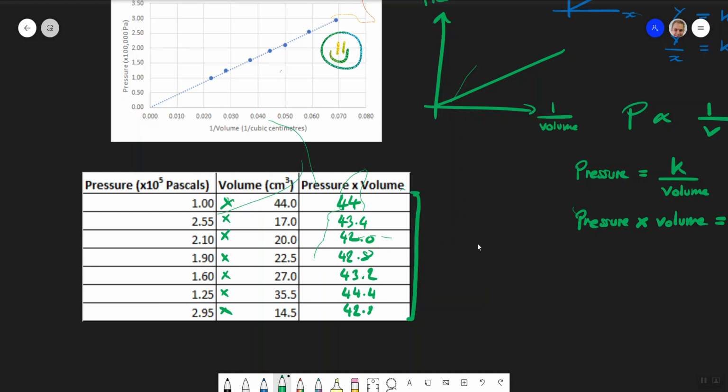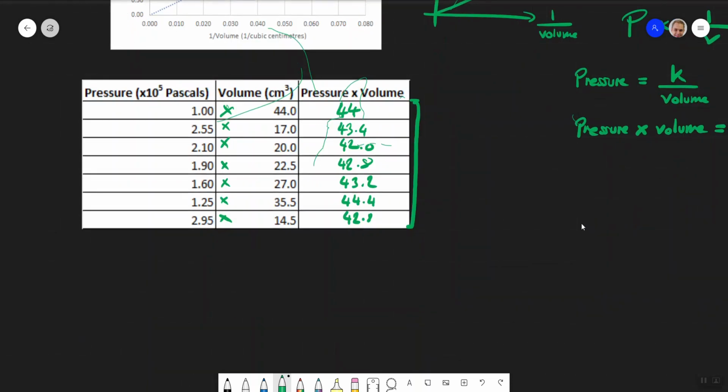And so if we ever have a sealed container, say a balloon or an air bubble or anything, and we've got some sealed volume of gas at some pressure, what that means is that if we change the pressure, then the volume is going to change so that when you multiply them, you always get the same value. You always get a constant.